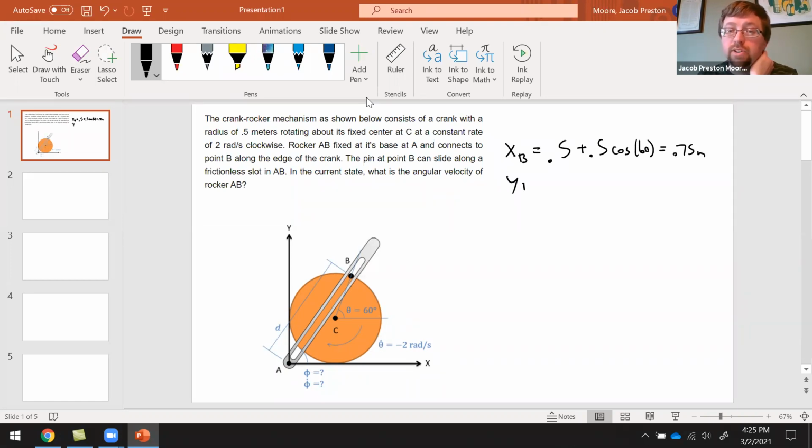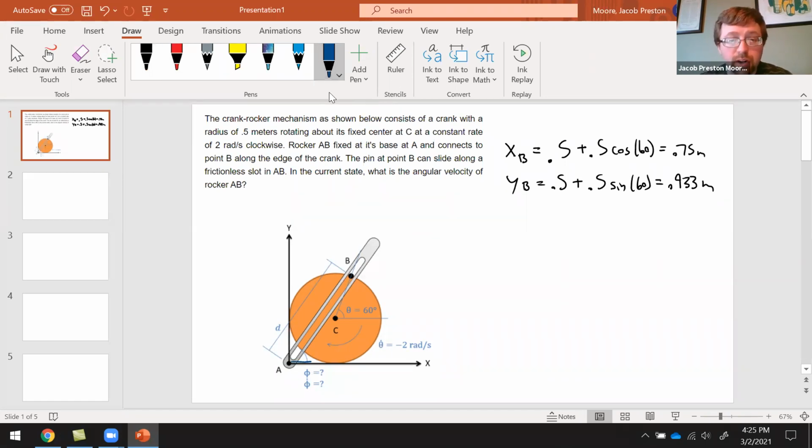And the y location of point B is going to be, to go up, 0.5, 1 radius, plus 0.5 times the sine of 60. So 0.5 plus 0.5 sine of 60, and that is going to be equal to 0.933 meters. Based on that, I can figure out the overall triangle.